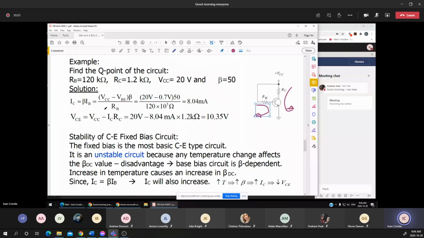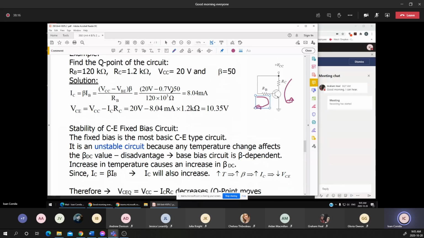Now, in order to determine the IC or the IB, the same approach. And in this example, suppose that the beta is given as 50. Again, that's the beta DC as 50. You notice that it is dimensionless because it's the ratio of the two currents, the IC over the IB.